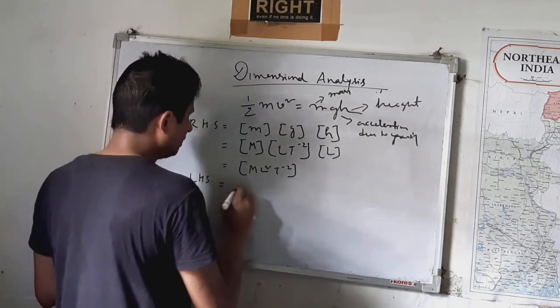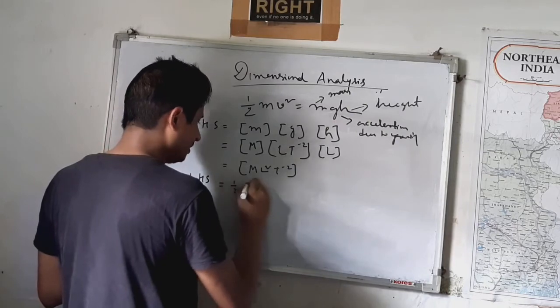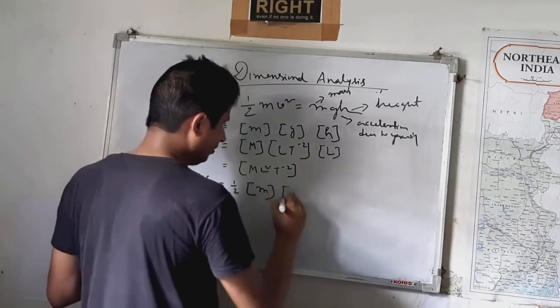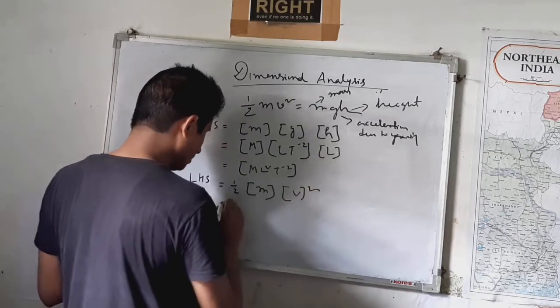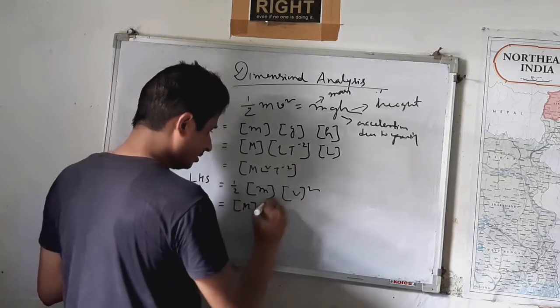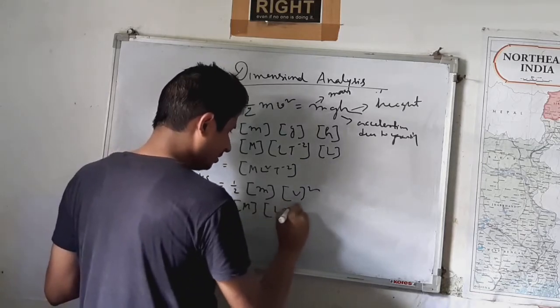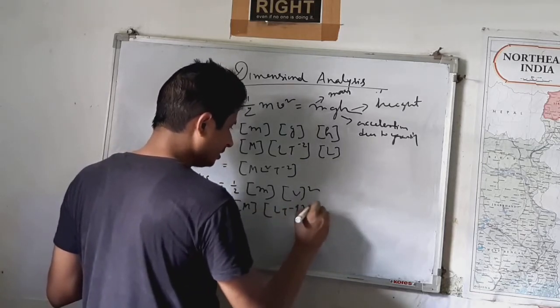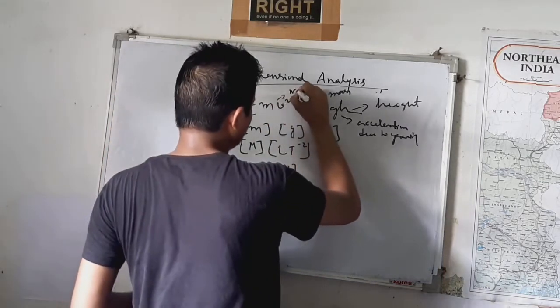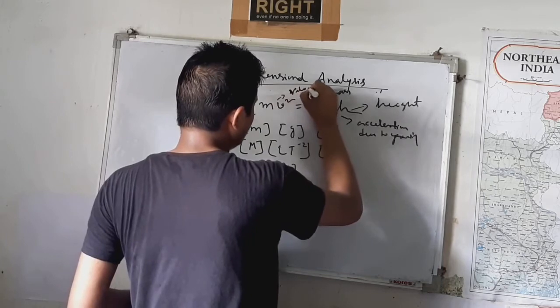For the left hand side, here again half is a dimensionless quantity. Dimension of m, dimension of v square. So the dimension of m is capital M. Dimension of v is LT inverse, since v is speed or velocity.